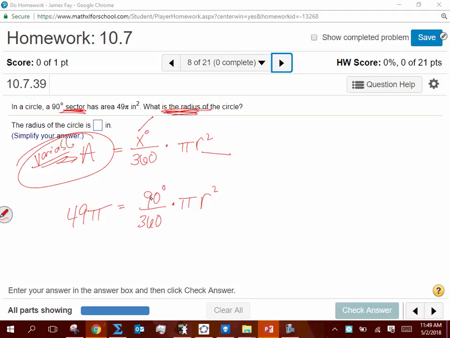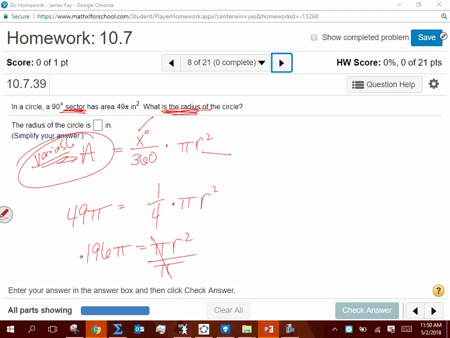What's 90 divided by 360? 1/4. Okay. How can I get rid of that 1/4? Multiply everything by 4, right? Both sides by 4. Would give me 196 pi equals pi r squared, right? Pi is a coefficient. So how can I get that coefficient to go away?